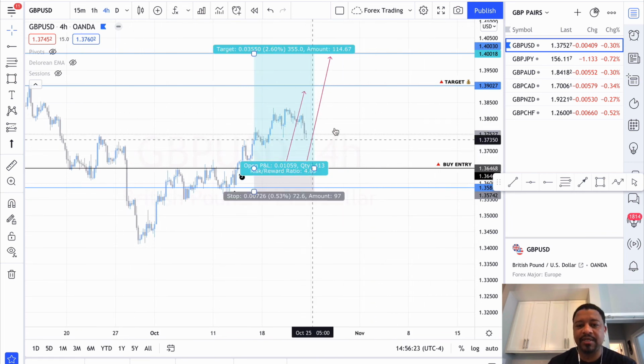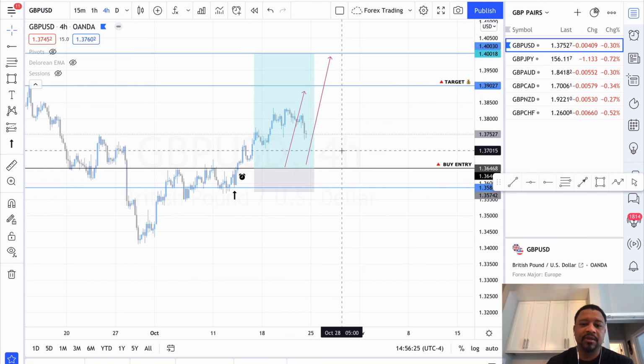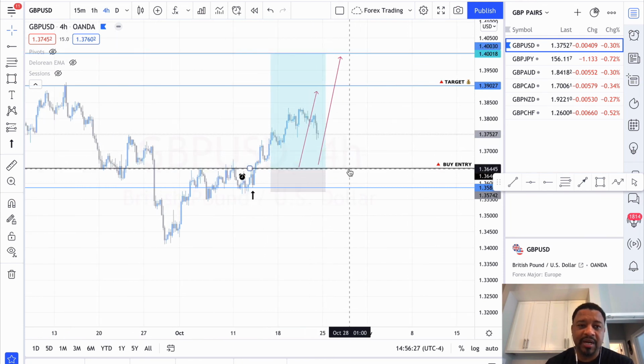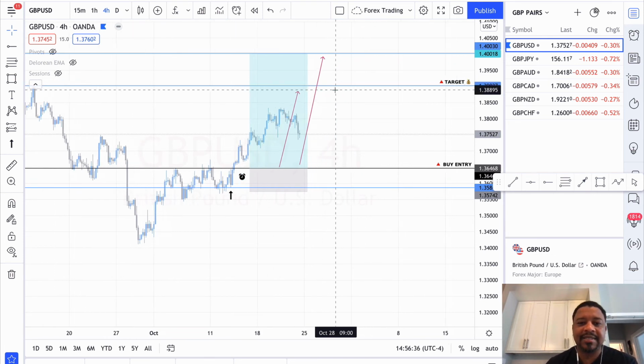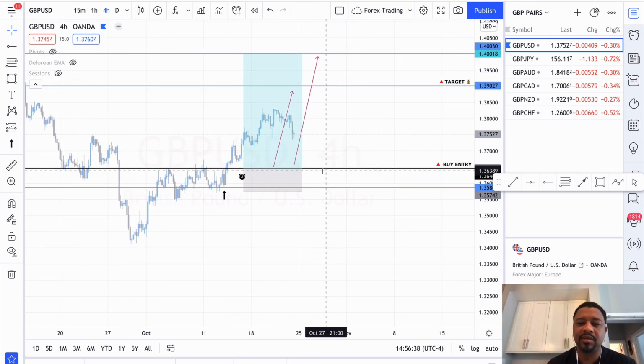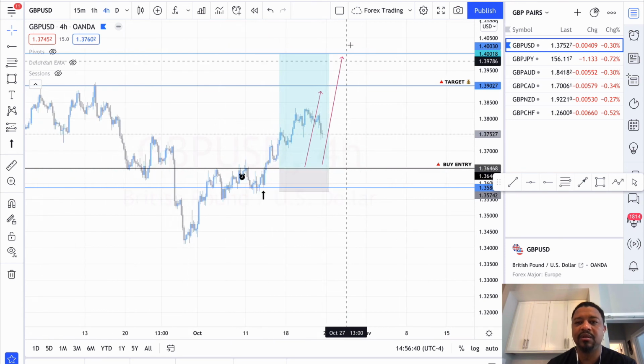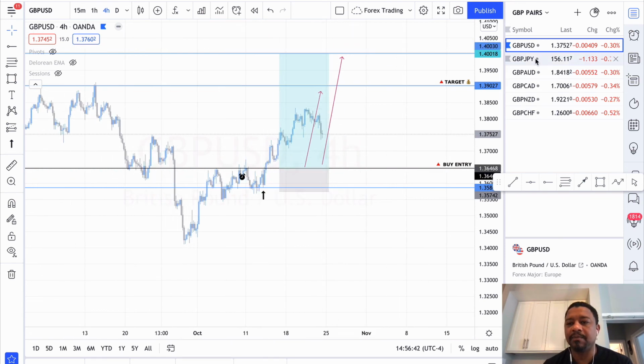So let's see what happens. I still like this moving up. I would love for it to come back into this buy area and not break, and then I would be buying it back up again. So not selling, seeing if it will come back into the buy entry again for another push up.